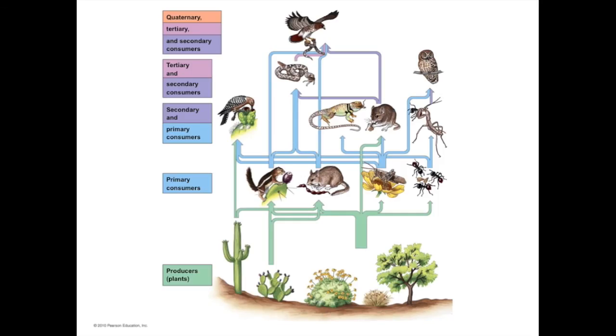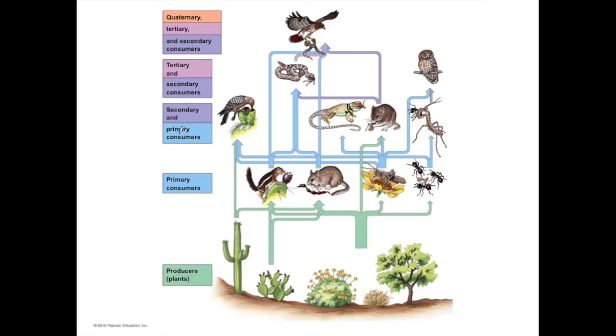So without going through this in great detail, you can see that it's complex. And one of the ways by which you can see it is complex is that, yes, you have a single level of producers, and those are plants, and you have a single level of primary consumers, and those are organisms that only eat plants. But as you go higher up, you see that some organisms have more than one resource.